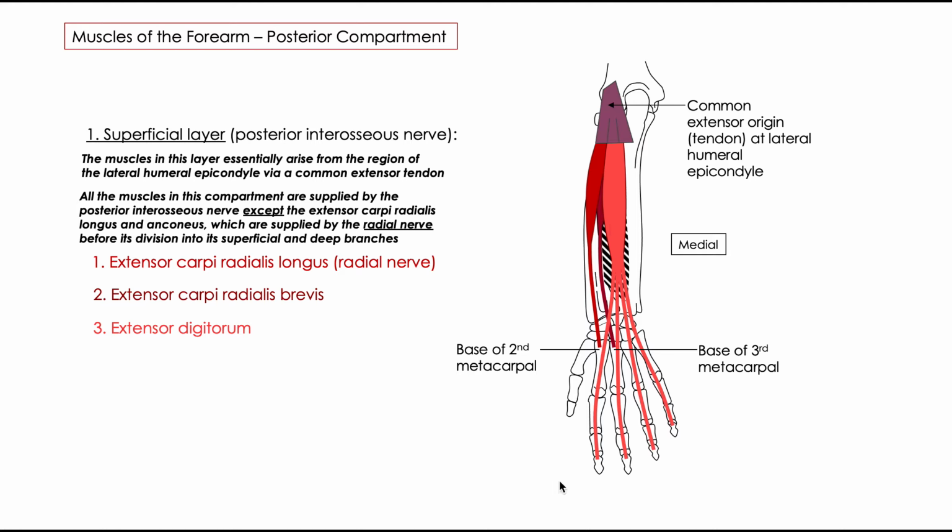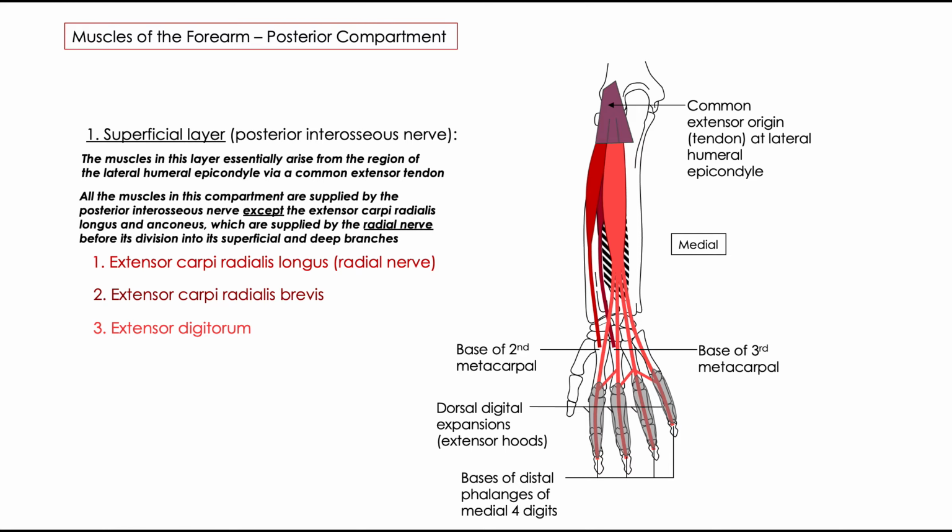All the tendons from this muscle are attached at the distal phalanges of the 2nd to 5th digits. These tendons are connected with each other and controlled by dorsal digital expansions or extensor hoods.